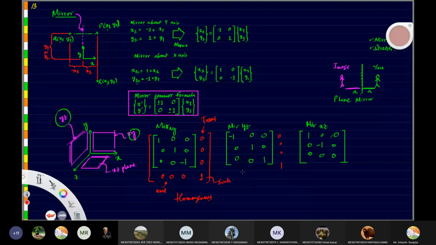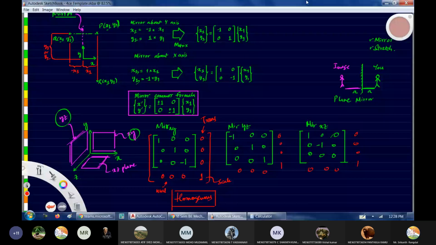So here 0, 0, 0, 1, and null matrix 0, 0, 0. So these are the 4 by 4 matrices in homogeneous form. Is it clear? Any doubts here? No, sir. Okay.